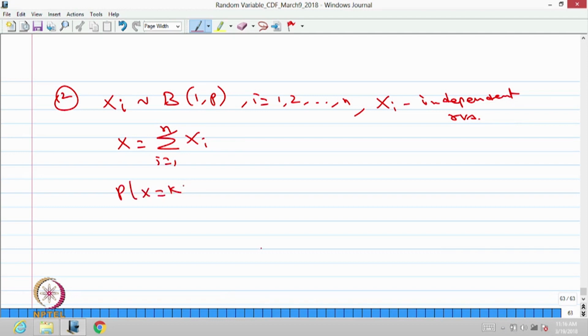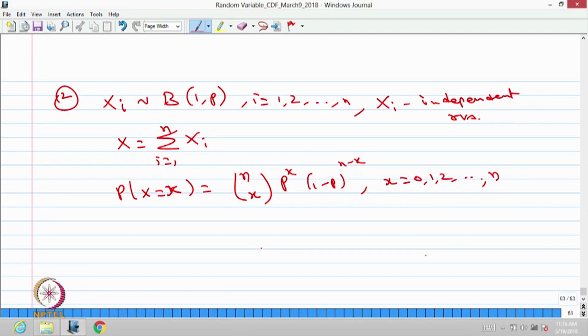It is: X takes a value small x with probability nCx p power x (1 minus p) power n minus x, when x takes a value 0 or 1 or 2, and so on till n.